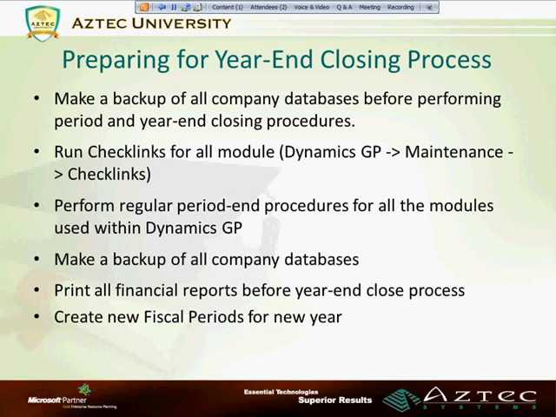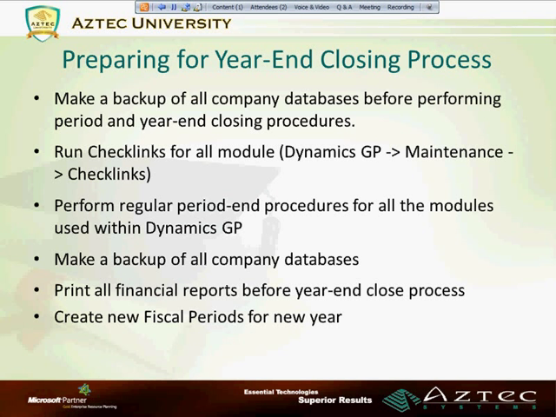But if a couple of GL accounts were set up as balance sheet accounts instead of P&L accounts, then you might have expense accounts showing up with beginning balances. That's a very typical indication that the account was not set up properly, so when the year-end close process happened, it now has a beginning balance. By printing out the financial reports before the process, you have something that you can validate against once you are done with the year-end close.